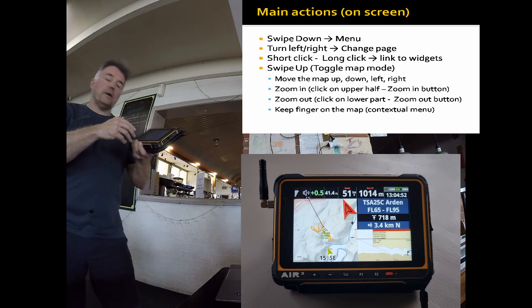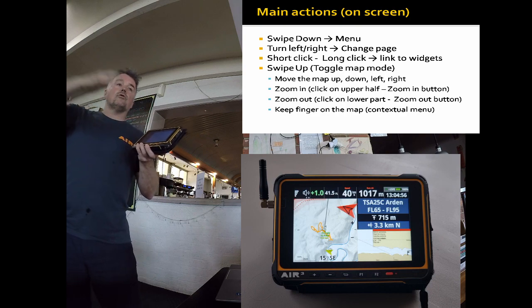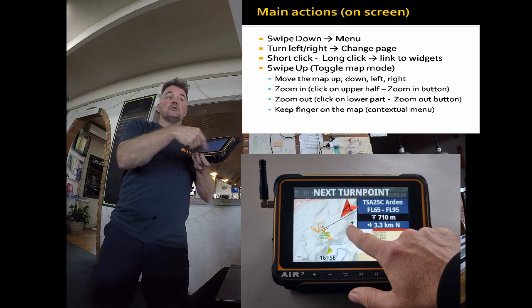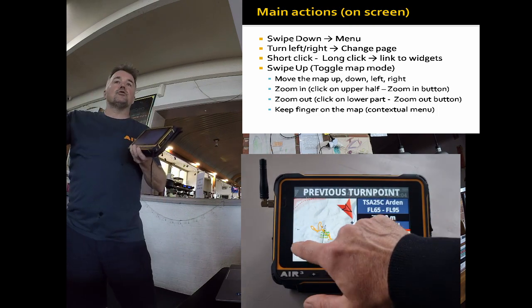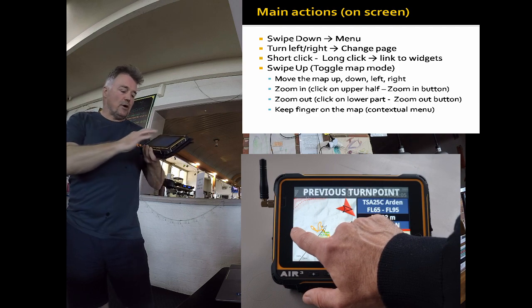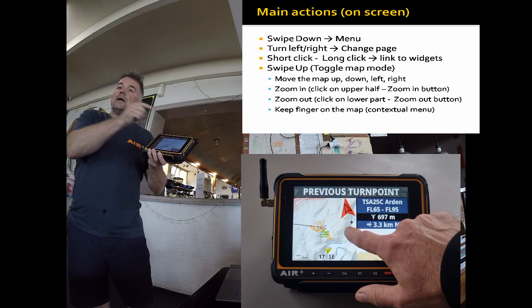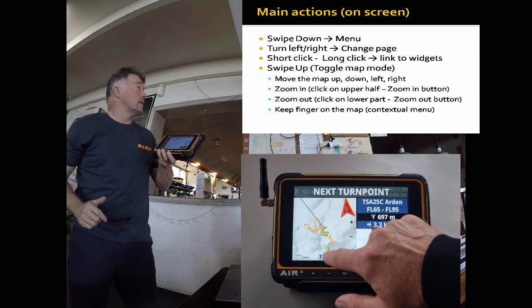For people that use AirCube, the way it's configured by default is that if you want to go to the next waypoint or the previous waypoint, there is a waypoint widget. You have to put your finger for more than 1 second, and then you switch waypoints. But for the zoom, for example, it's a short click. So just one click, and I can zoom in or I can zoom out. Okay.